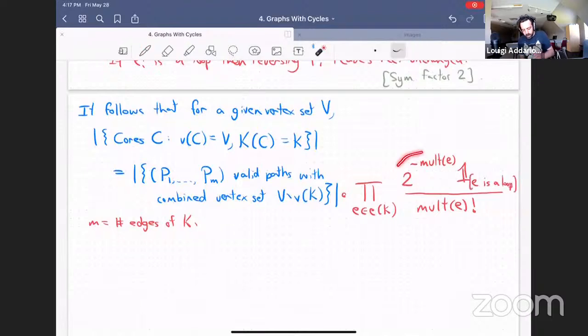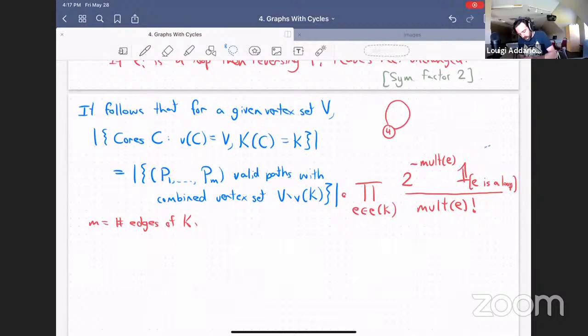Okay, so what the numerator is doing is saying if you have an edge like 4, 4, it's a loop edge, right? Then you need to divide the number of possible reconstructions by 2, because we saw that listing the path or listing its reverse yields the same reconstruction. Yeah, thanks.